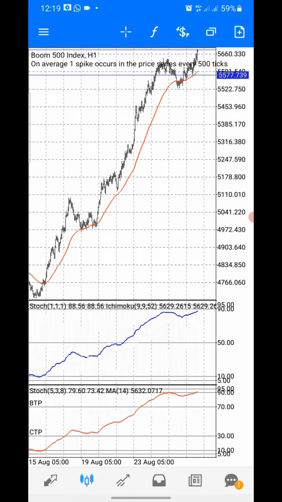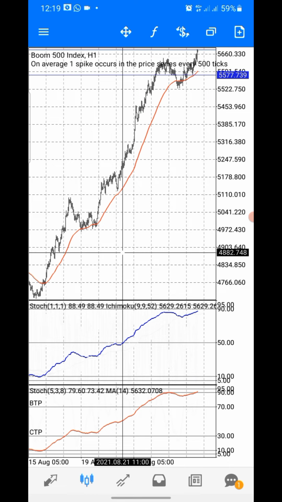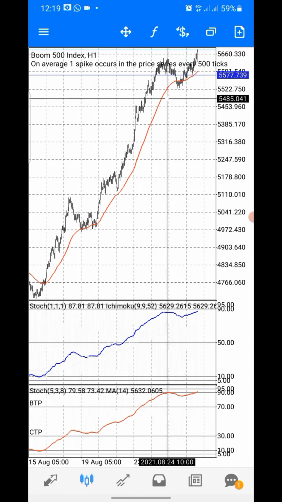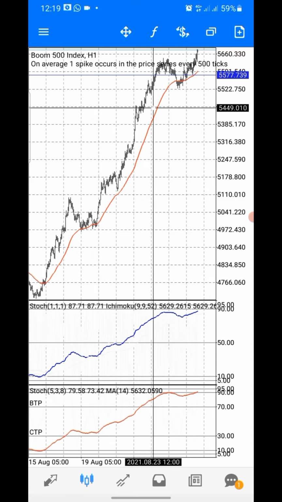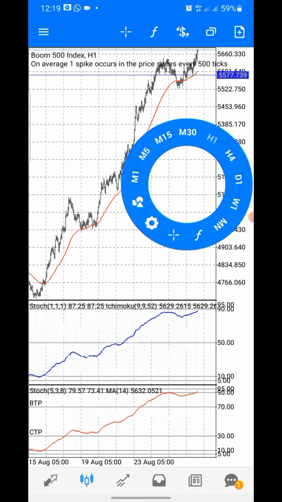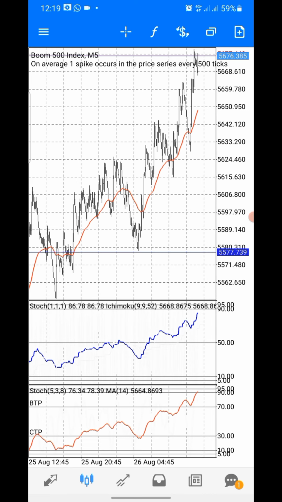As you can see here, the moving average is moving in an upward direction. It shows that the market is an uptrend market. But we can also use it to scalp the market, 10 minutes to 15 minutes from the market, irrespective of the market direction.